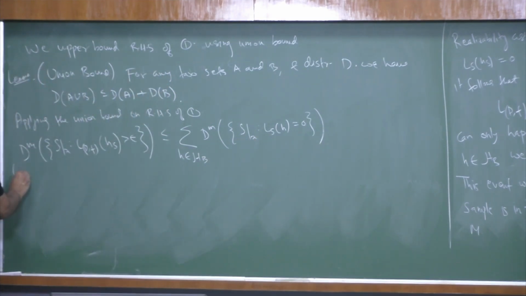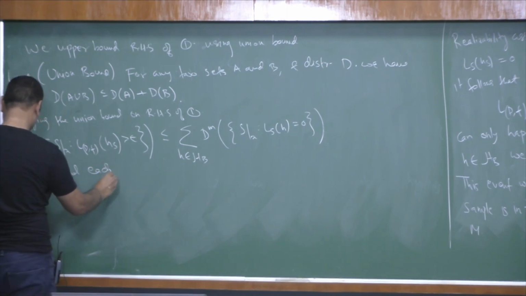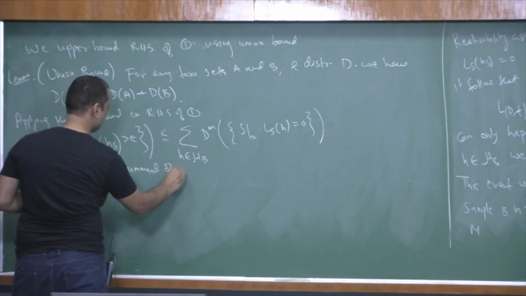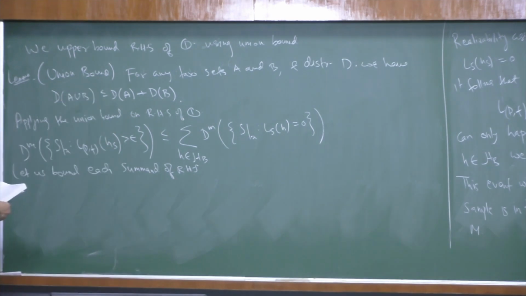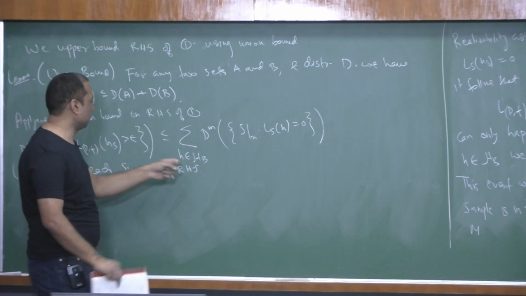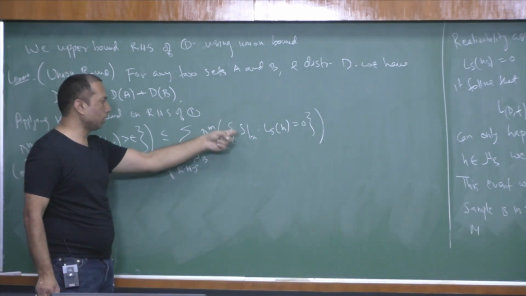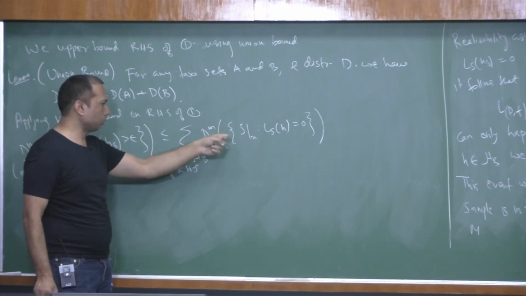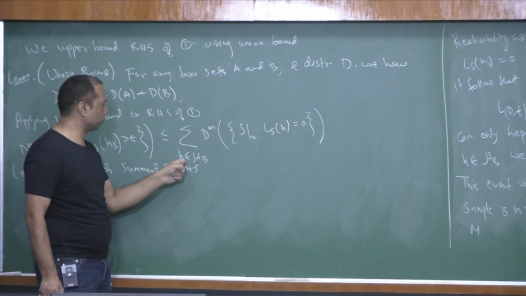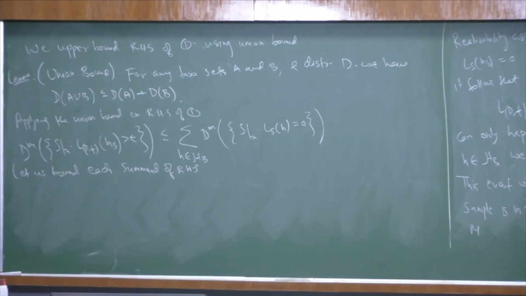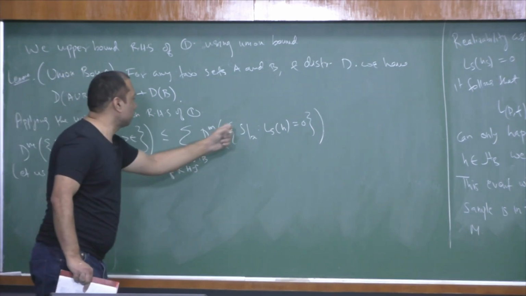So let us bound each summand of the RHS. This is a sum over the h coming from the bad hypotheses, so each summand is for one fixed h. So let us fix an h and focus on the summand.